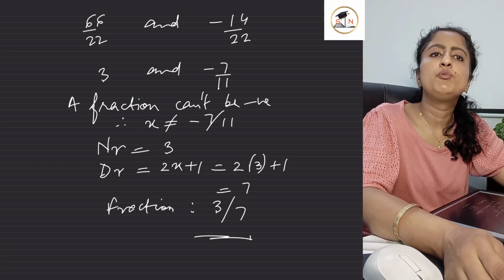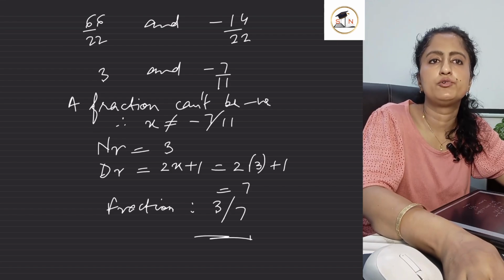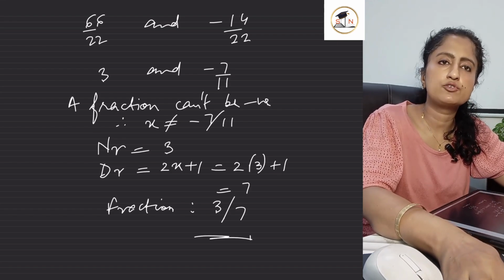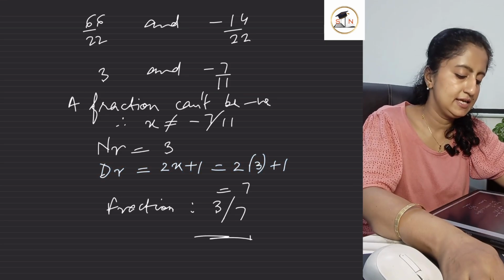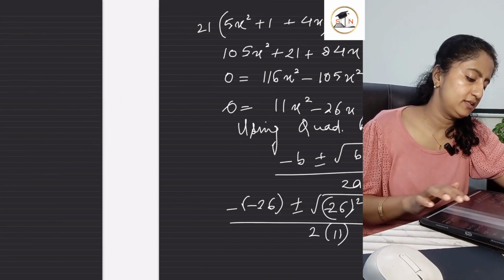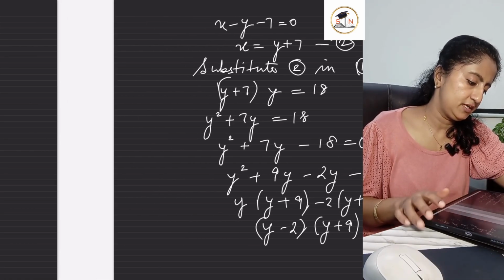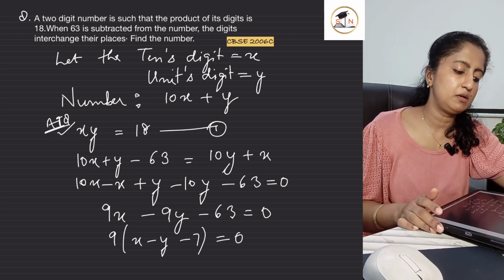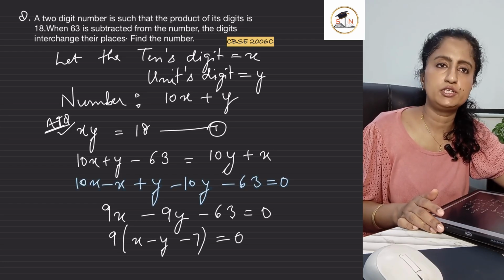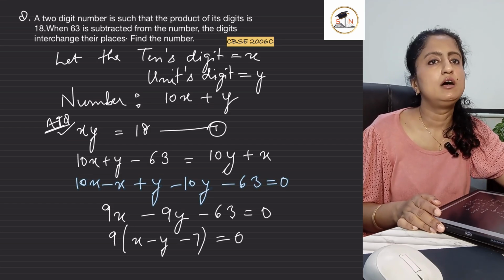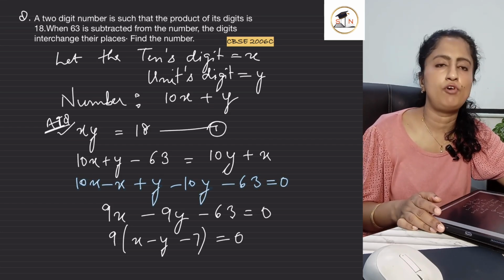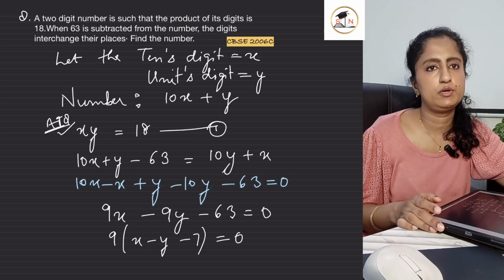So over here, we had done 3 important questions where the first question was with respect to the squares of 2 consecutive odd numbers. Then we had dealt with, in the second question, the formation of a 2-digit number. And then in the third question, we have dealt with a fraction, how to form it using a quadratic equation.